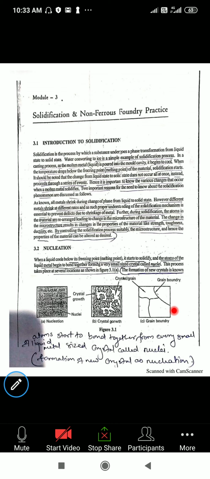So whatever the solid product or the metal you are going to melt, that has its own microstructure.